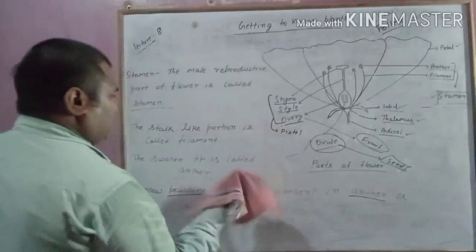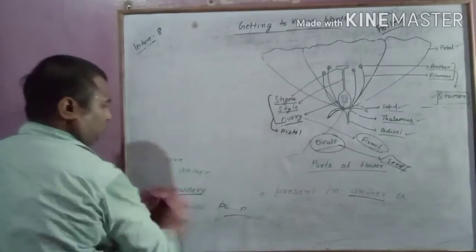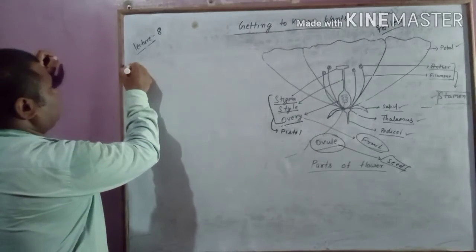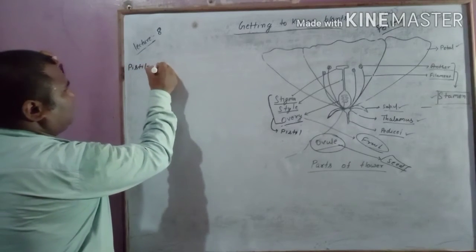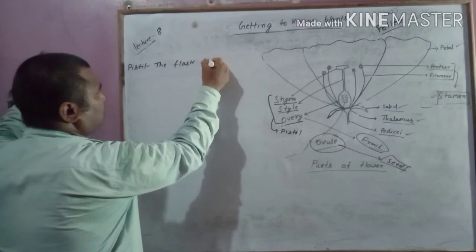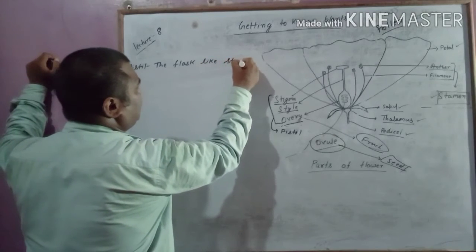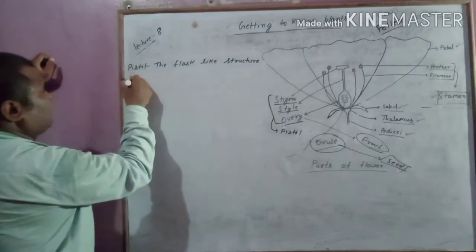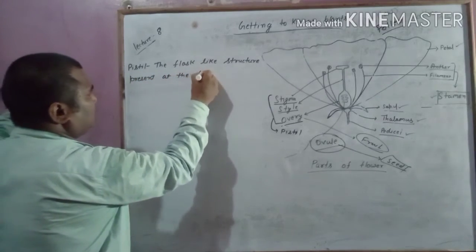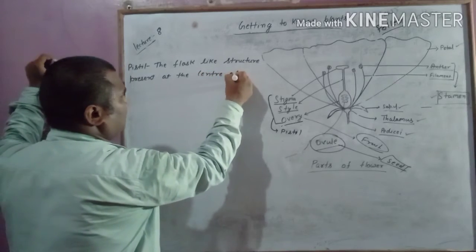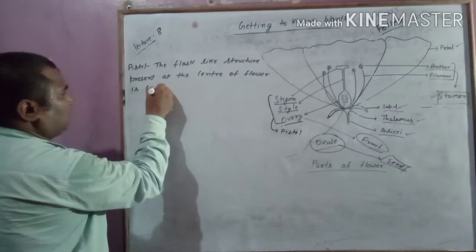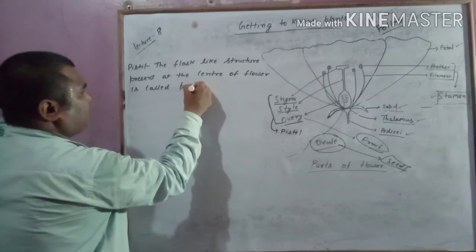Okay, so what is pistil? Pistil, the flask-like structure present at the center of a flower, is called pistil.